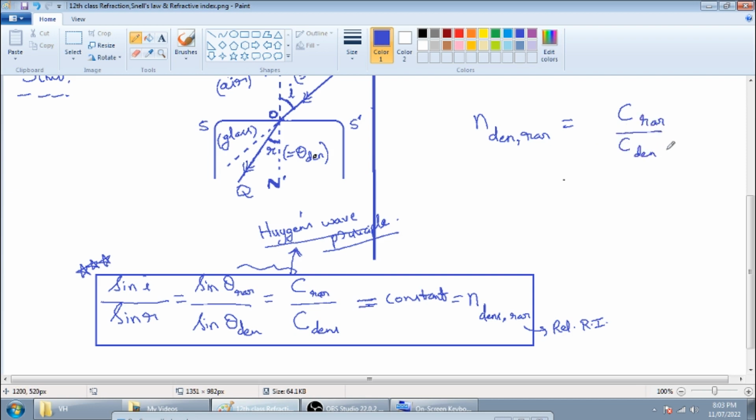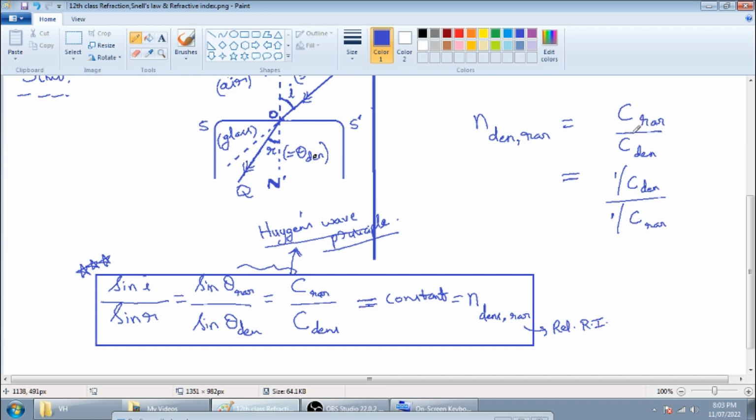Now I'll modify this equation slightly, just observe, using simple properties of algebra. I'll write this as 1 by C denser divided by 1 by C rarer. It can be written easily like this, because 1 by C denser by 1 by C rarer, taking the denominator 1 by C rarer to the numerator, will become C rarer by C denser.